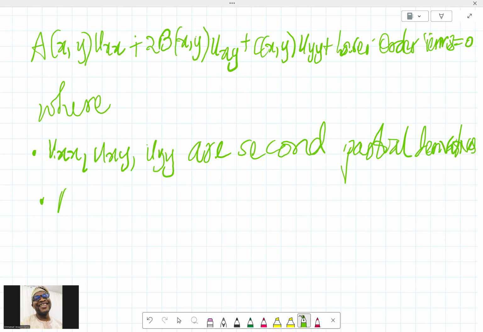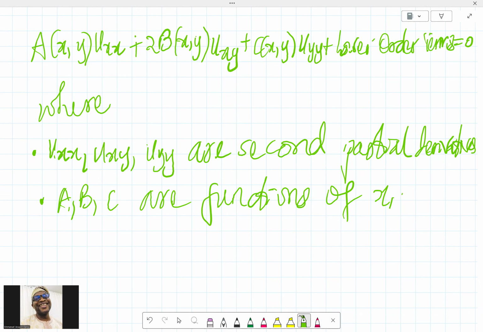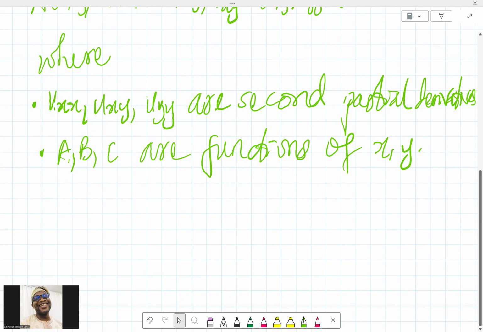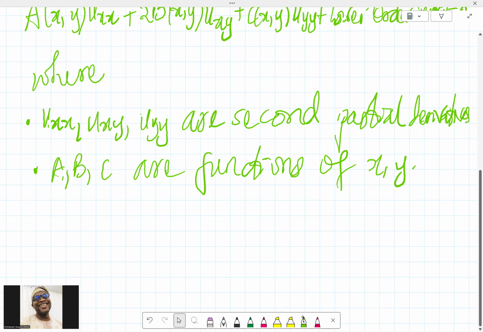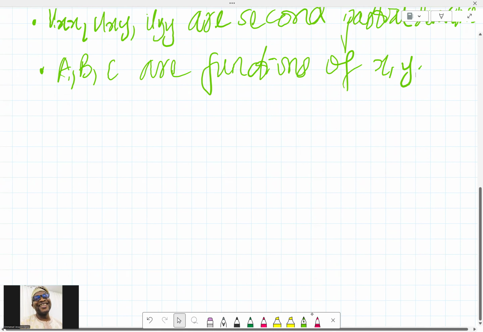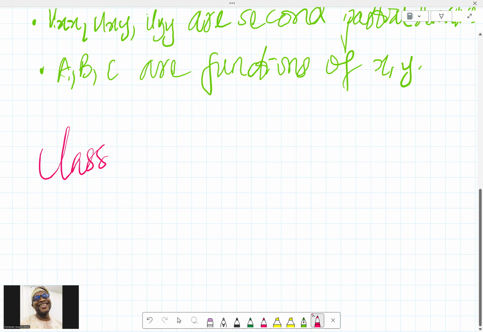Then a, b, and c are functions of x comma y. And we compute a discriminant based on this, but that's when we get to classification. So the classification is based on A, B, and C. So let's talk about classification now.